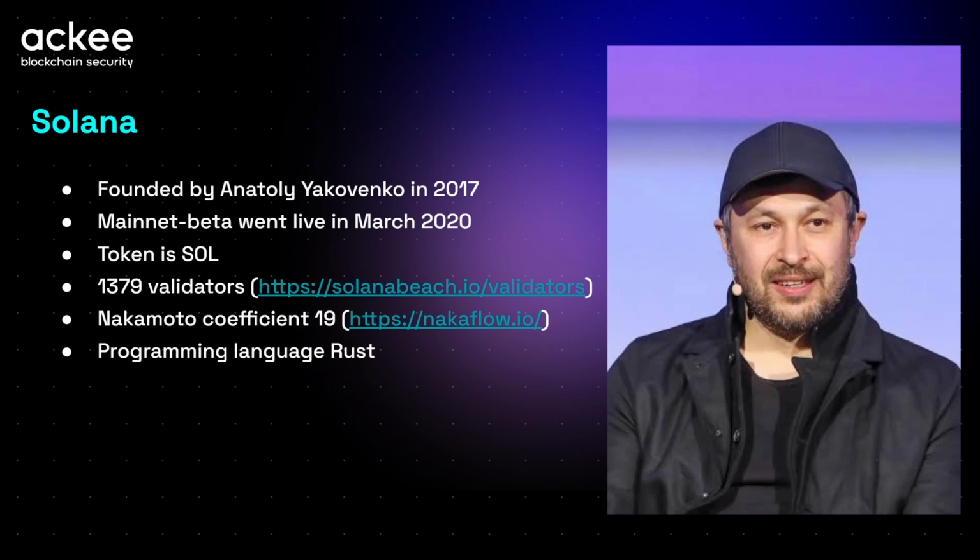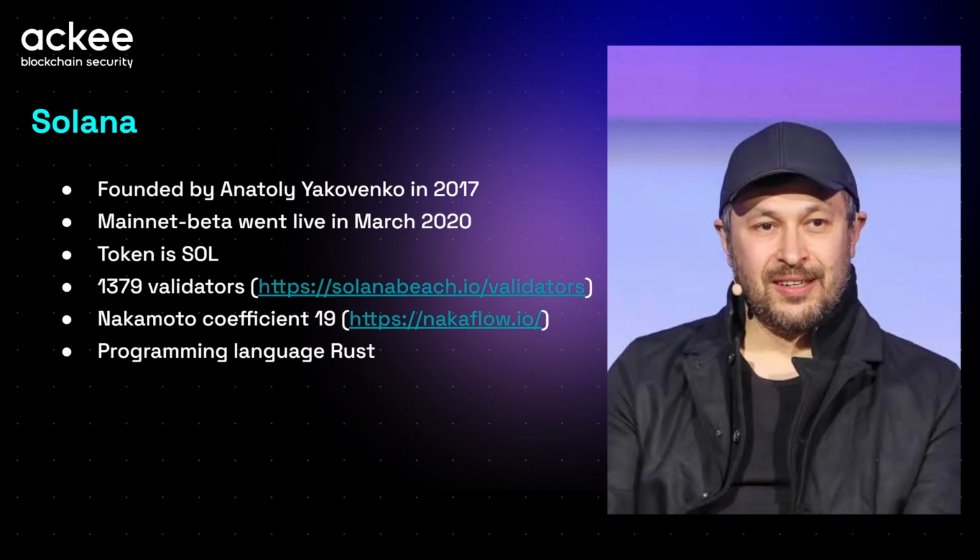The next thing about the validators is the Nakamoto coefficient. For those who don't know, the Nakamoto coefficient, or Nakamoto number, is the number of biggest validators that can act collectively in order to halt the network. So what does that mean?